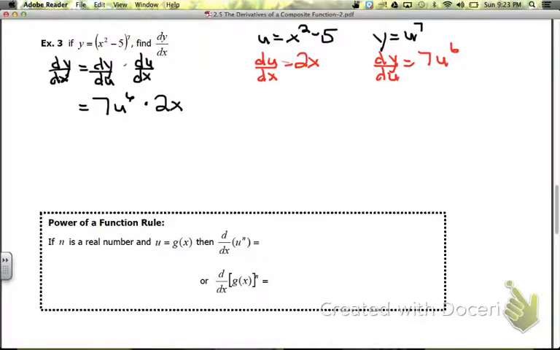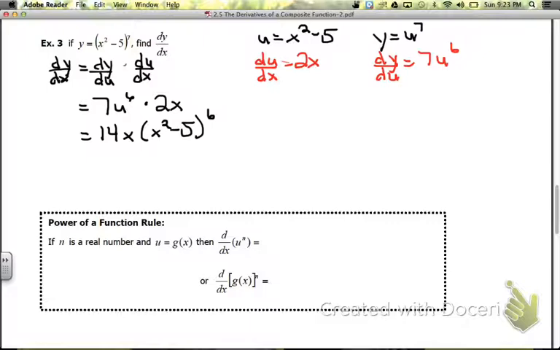Now replace that u, multiply the 2 and the 7 to get 14x times our x squared minus 5 all to the power of 6. And there's your derivative.